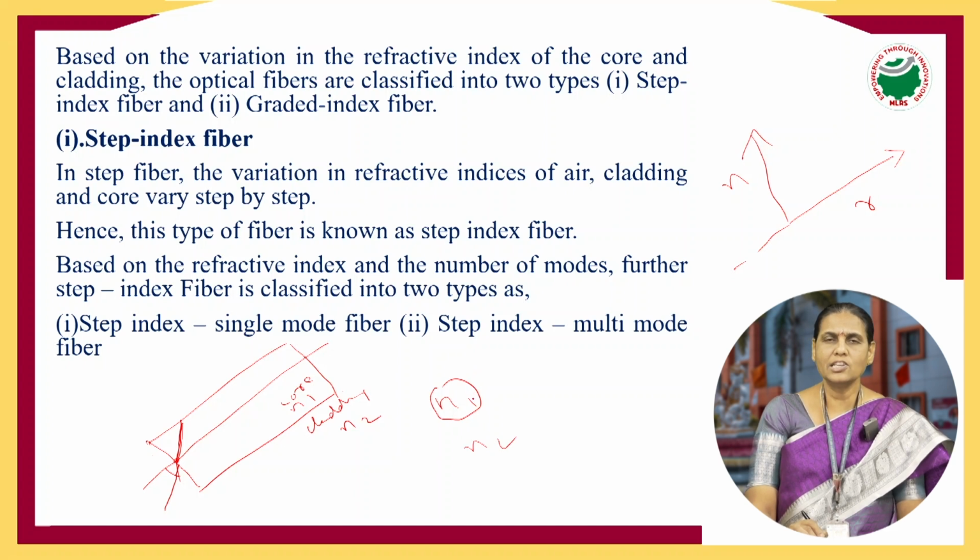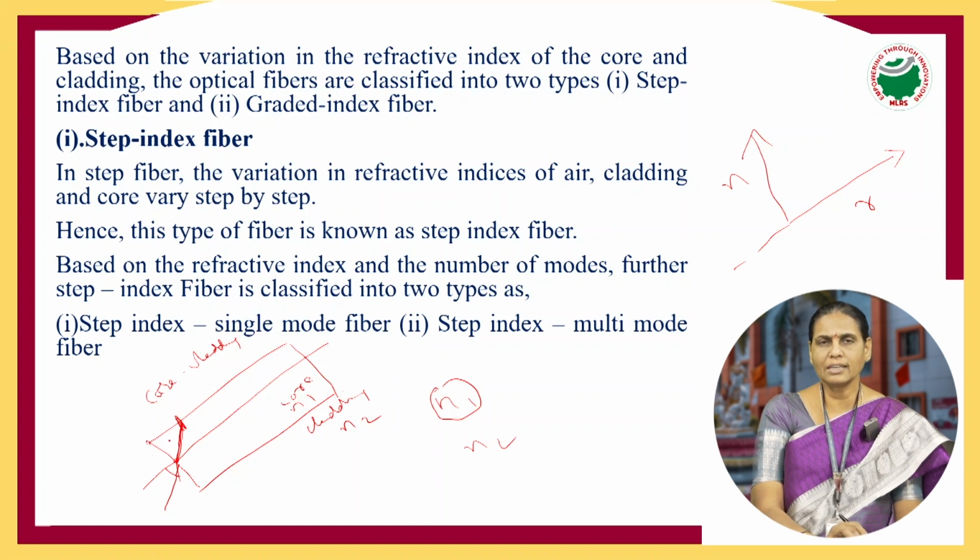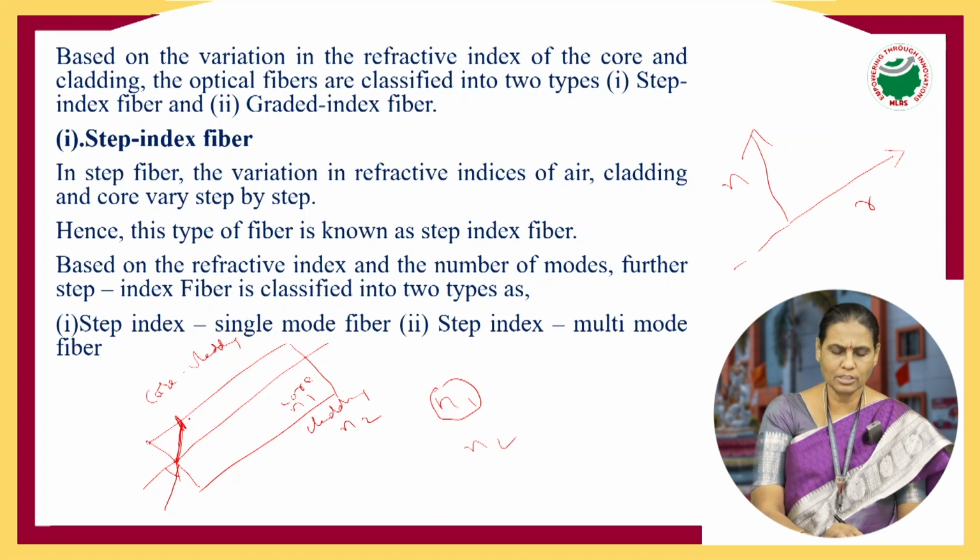Now once the light ray touches this point, which is called the core cladding interface, the difference in refractive indices is present at this point. That's why we call it the core cladding interface. Once the light ray touches this boundary surface, automatically the light ray gets reflected back into the same medium.